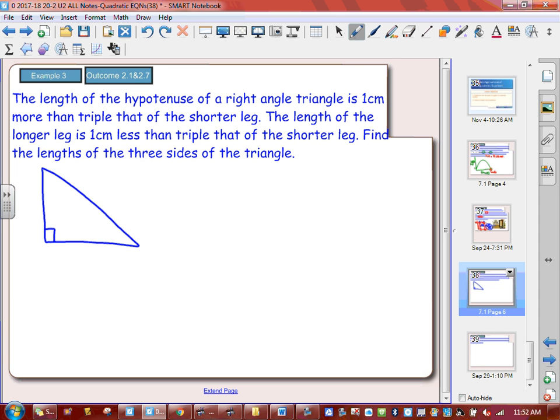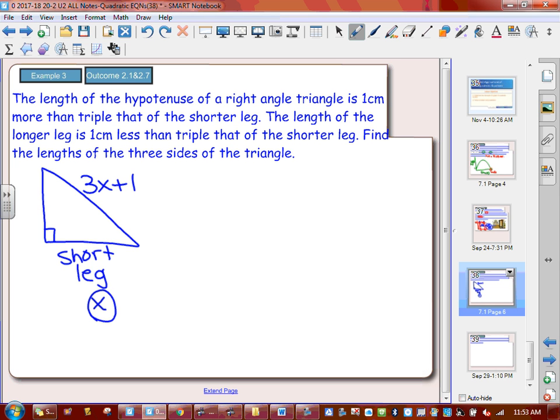We're going to call this guy the short one, and he's x. Short leg is x, because that's what we're comparing everything to. So you always have to make something equal to x. It says the hypotenuse is 1 more than triple this, so it's triple that guy plus 1 more.